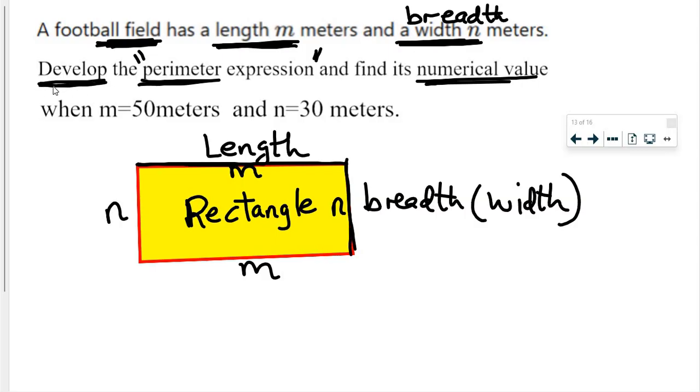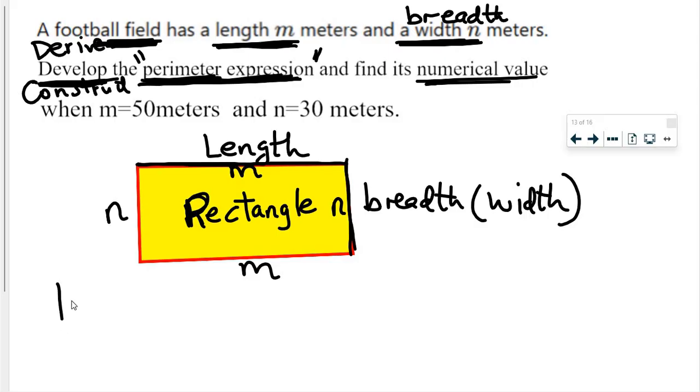Now how do we develop the perimeter expression? Everybody focus here. To develop means to derive, and to derive means construct or form. How do we construct the perimeter expression for a rectangle?